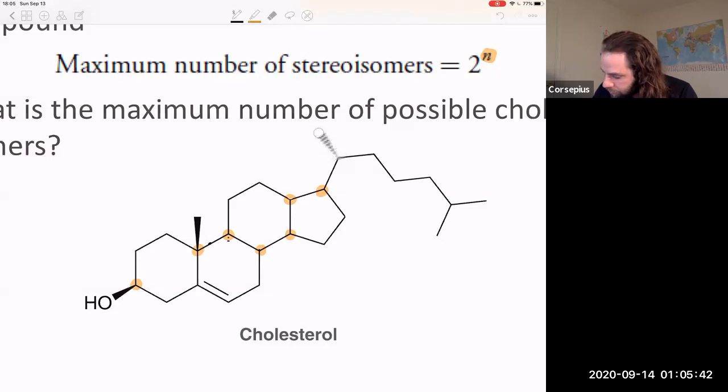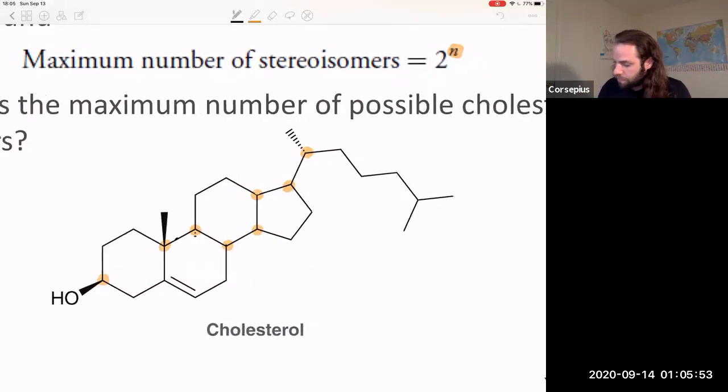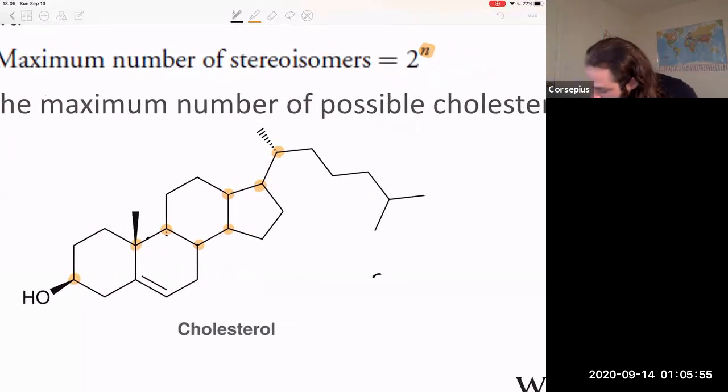And actually, I'm just realizing that there should be a methyl group there. Sorry, that was confusing. I don't know why it got erased, but that would make 8. So that means there are 2 to the 8th, or 256, different stereoisomers for cholesterol. It's a lot.